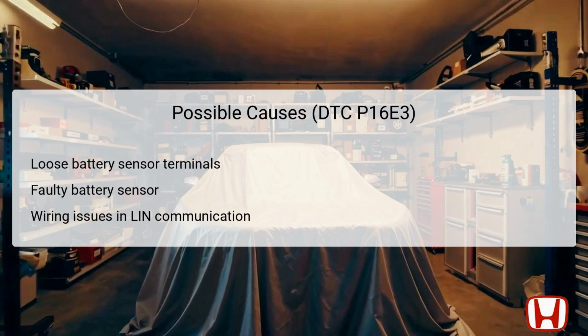The sensor may fail, losing the ability to send accurate data over the LIN communication line. Wiring issues can also contribute, including shorts or opens in the LIN wiring, which disrupt data transmission. Each of these causes must be thoroughly inspected to determine the source of the communication error.